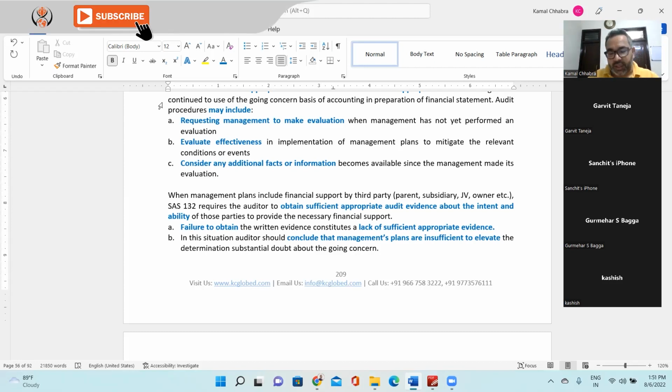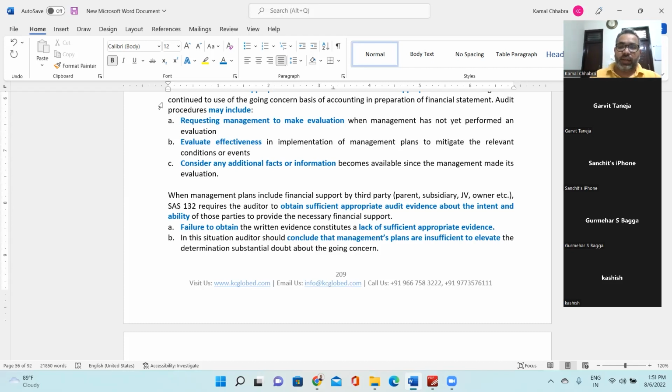But in that case of scenario, if you get the parent support letter, that parent is agreed to add additional capital or infuse additional capital to ensure the continuity of the engagement in India, continuity of the company in India. In that case of scenario, you can consider the going concern assumption is good.